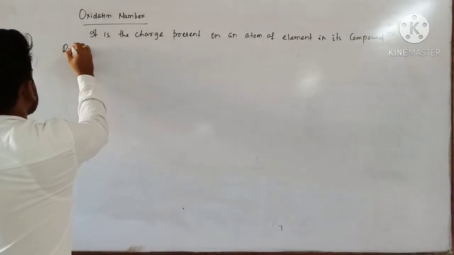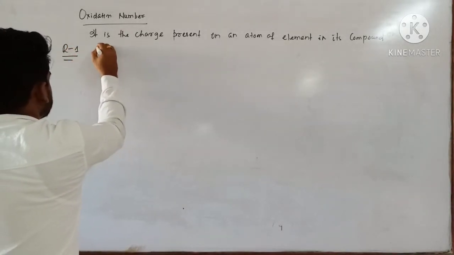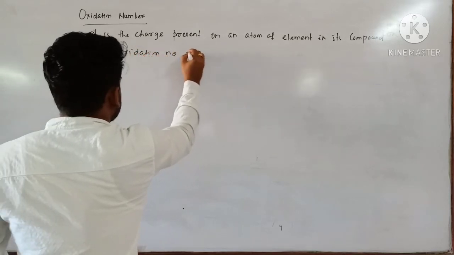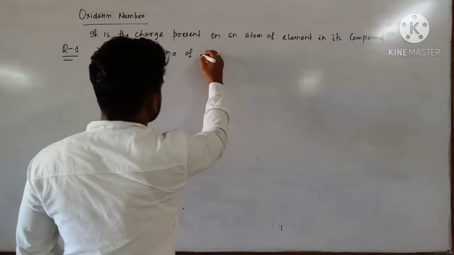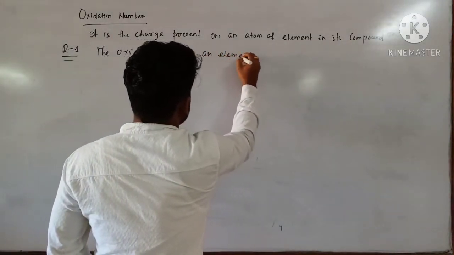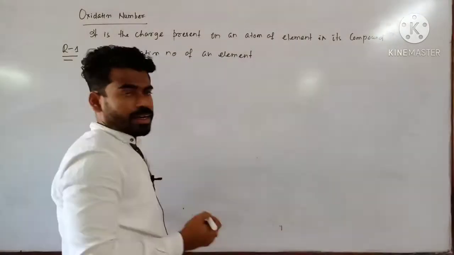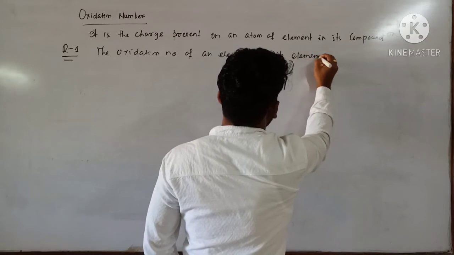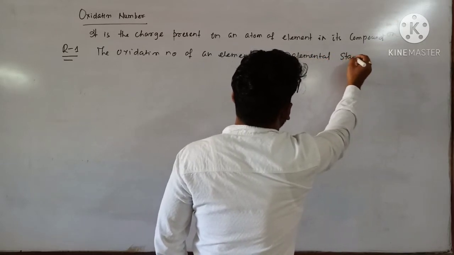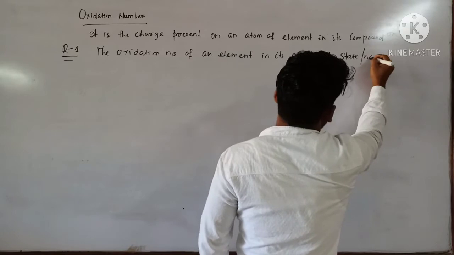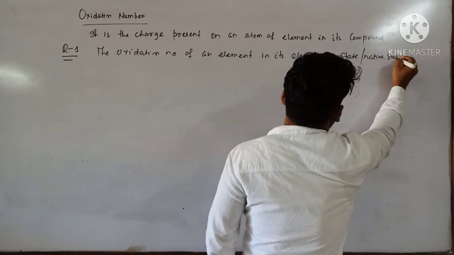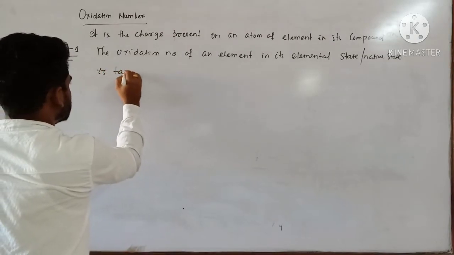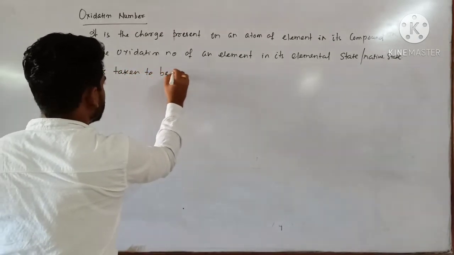So rule 1, the oxidation number of an element in its elemental state, or you can say native state, is taken to be 0.